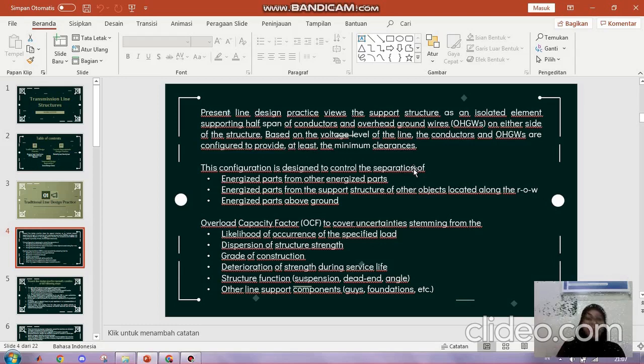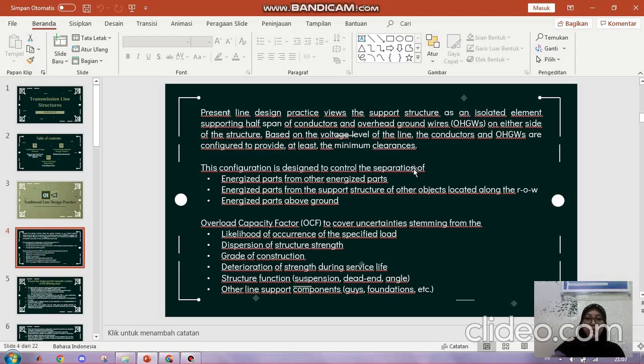Based on the voltage level of the line, the conductors and the overhead ground wires are configured to provide at least the minimum clearance.